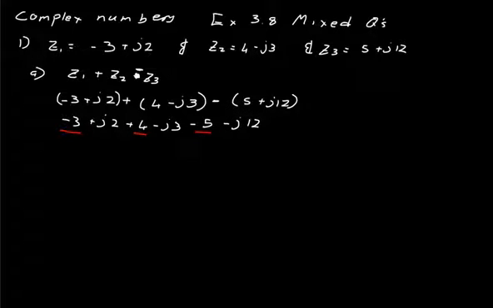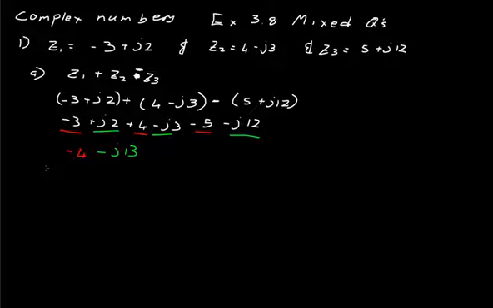Minus 3 plus 4 is 1, minus 5 is negative 4. Then we're going to add up the imaginary parts, which are plus j2, minus j3, and minus j12. So j2 minus j3 is minus j1, minus j12 is minus j13. And there's your answer.